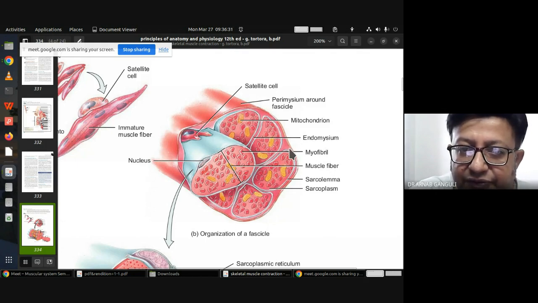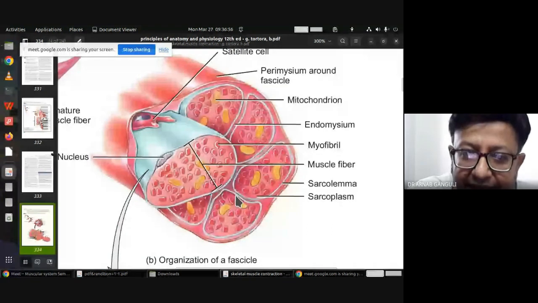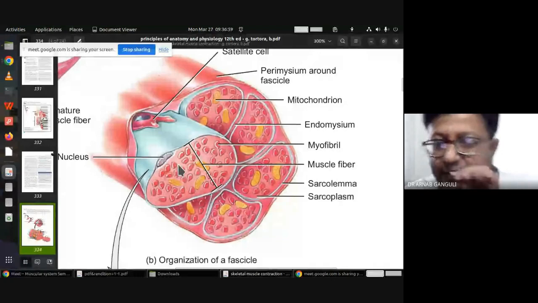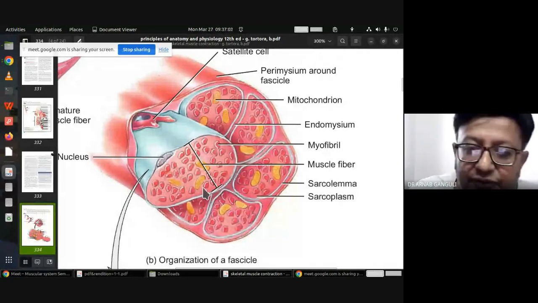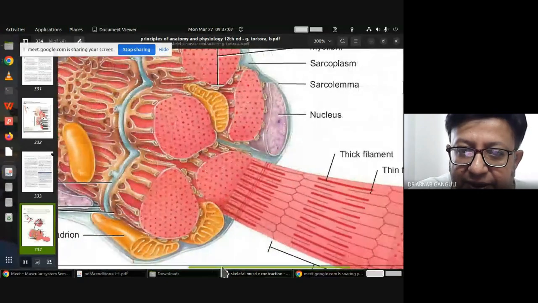And you have lots of these yellow structures, which are the mitochondria. And each of these little red, these are long tubes known as myofibrils. Now we are going into one myofibril.